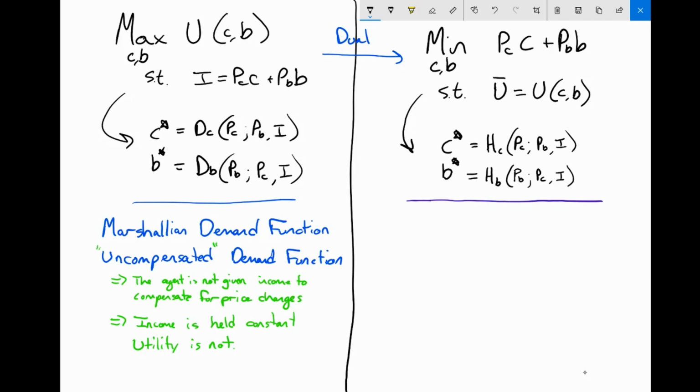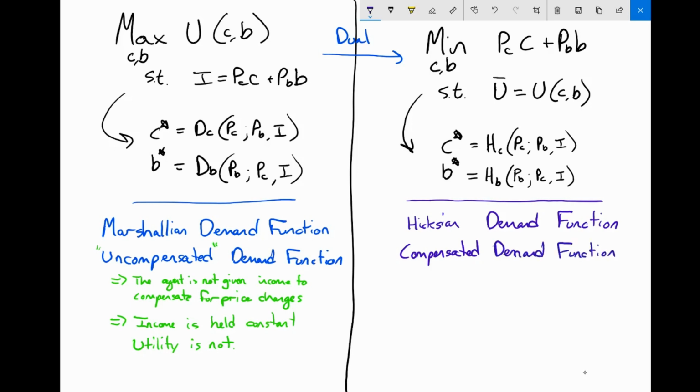We call these the Hicksian demand functions. They're just a different kind of demand function. We also call them the compensated demand function.